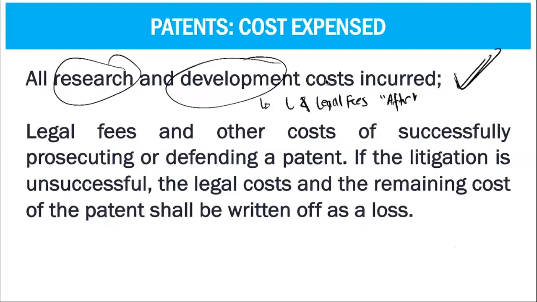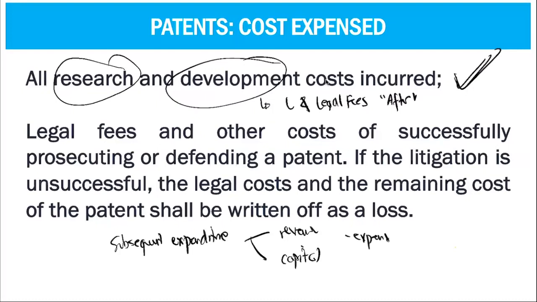Next, we need to look at your subsequent expenditure. Remember, we learned before in our previous discussion that your subsequent expenditure can be classified as either a revenue expenditure or a capital expenditure. When we say revenue expenditure, it must be expensed. And when it is a capital expenditure, it must be capitalized.